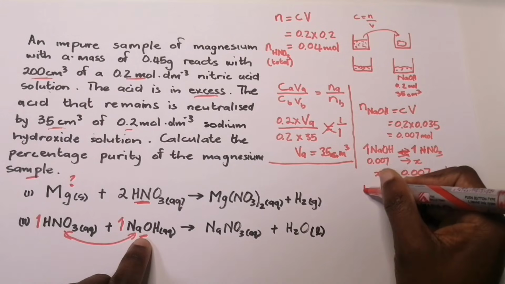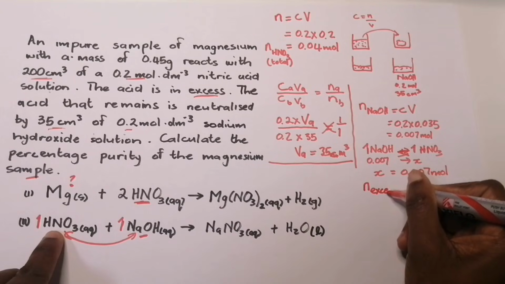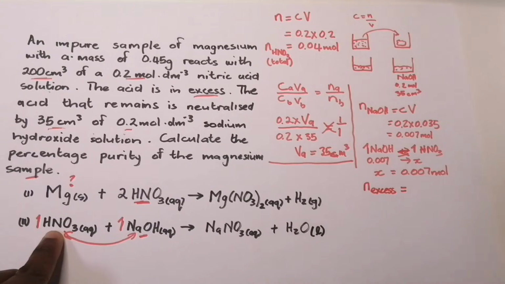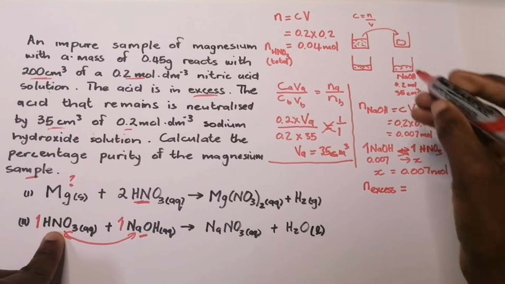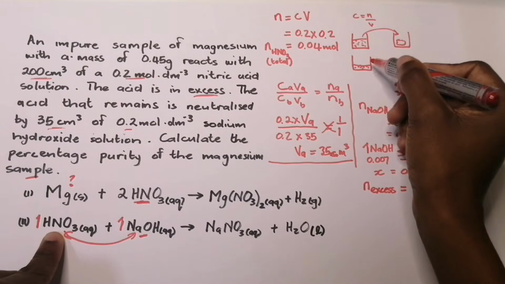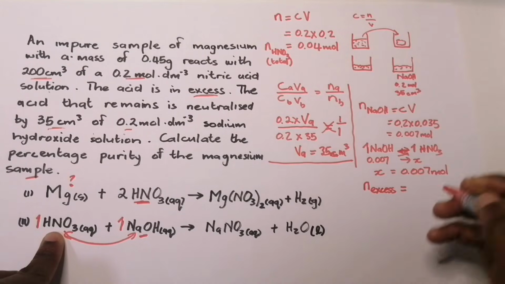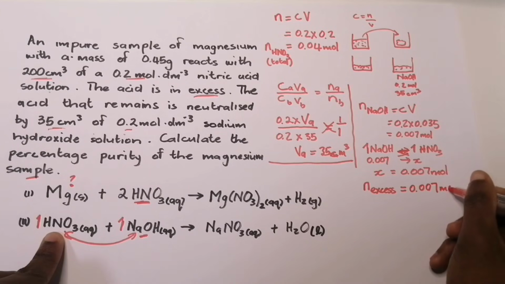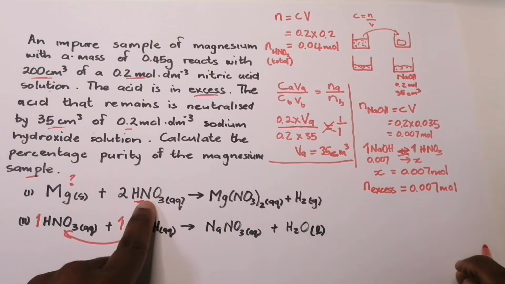But keep in mind, this is the amount of nitric acid that was in excess in that previous reaction. Remember, we reacted the nitric acid, some of it was left, and whatever was left, we reacted in that reaction. So this is the excess amount of nitric acid, 0.007 moles. Now I want you to follow me carefully, ladies and gents. How much nitric acid actually reacted there?